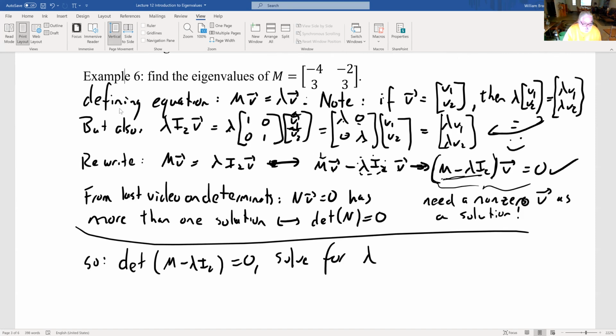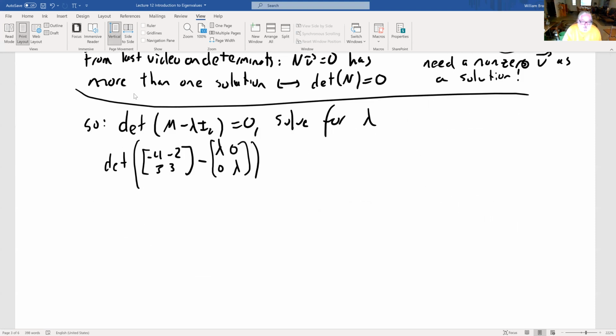So the determinant we want is of the matrix -4, -2, 3, 3, minus lambda times I2, as we pointed out up here, is just lambda, 0, 0, lambda. And that becomes the determinant of -4 minus lambda, 3, 3 minus lambda, and then -2.